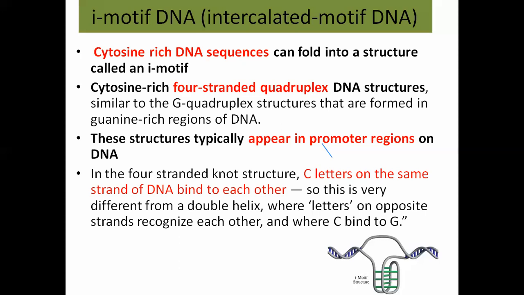But in this I motif structure or the quadruplex DNA structure, the cytosine pairs with itself by forming three hydrogen bonds.